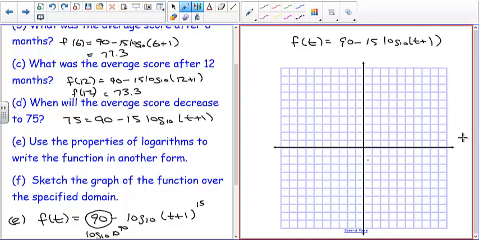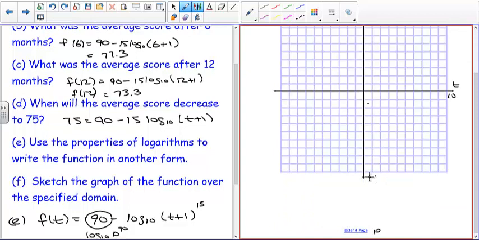And this would be t, and we'll go from 0 to 10. We're actually going to 12, but I'll run out of space. And if we go from negative 100 to positive 100 here, that'll get the values involved.